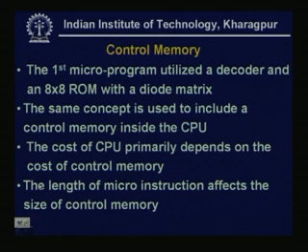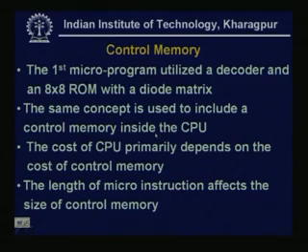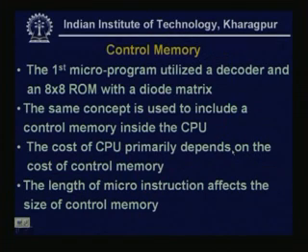Now, the memory which contains this microprogram we call the control memory. We see what the features of this control memory are, how the control memory is accessed, and how data is written onto it. The concept of microprogramming was first proposed by W. V. Wilkes in 1951.